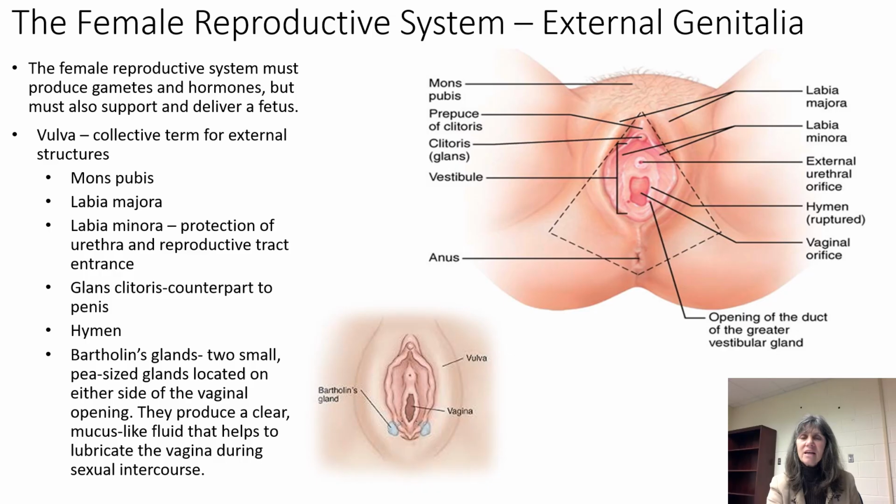And by the way, the area between the anus and the labia majora, that is the perineum, and that can sometimes be cut during a vaginal delivery of a child. They used to cut them all the time. It was a procedure called an episiotomy, but then they learned that episiotomies were not necessarily helpful, nor were they beneficial for the mom when she delivered her child vaginally.